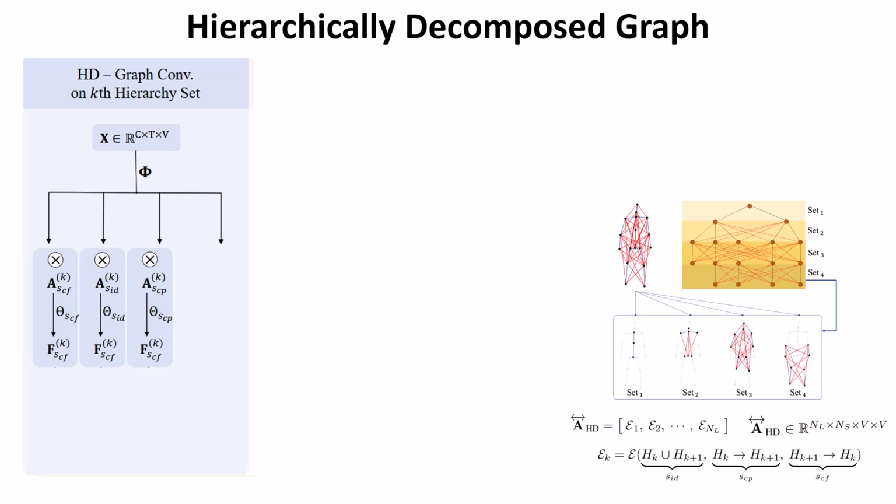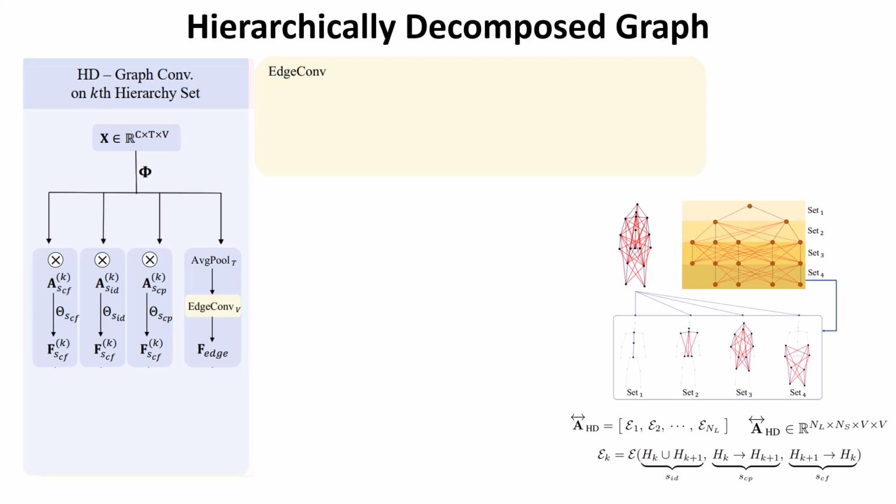What about the 4th branch? They utilize a module called edge convolution. The way this edge convolution works is that we initially have a C times T times V tensor, right?